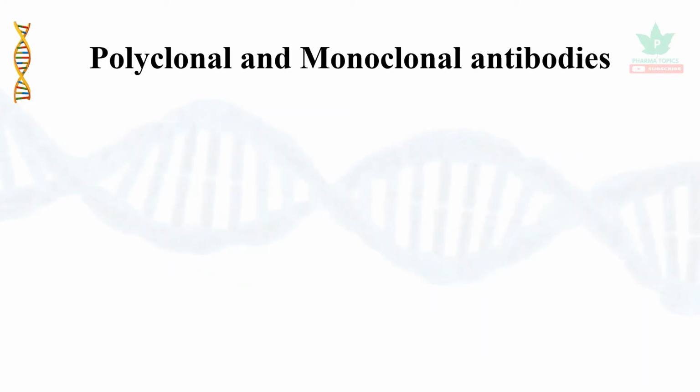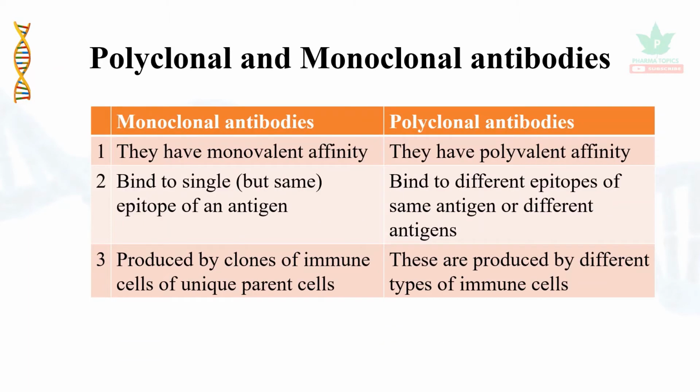Let us see the differences between polyclonal and monoclonal antibodies. Monoclonal antibodies attach to one portion of the antigen, whereas polyclonal antibodies have polyvalent affinities. They bind to different portions of the same antigen or different antigens.